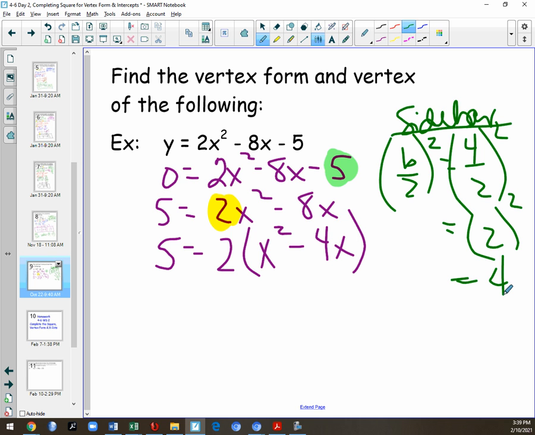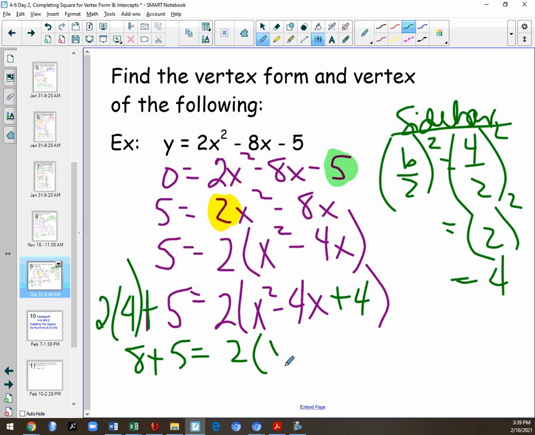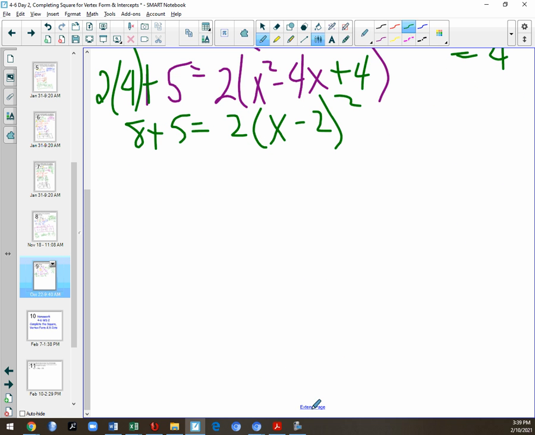Now I'm going to add that inside my parentheses. And what I do to one side, I must do to the other. So I'm going to add to this not just a 4, but a 2 times a 4. So 2 times 4 is 8, plus 5 is equal to 2 parentheses. These three terms are going to turn into x minus 2 quantity squared. 8 plus 5 is 13.